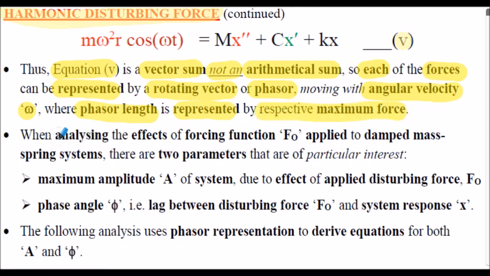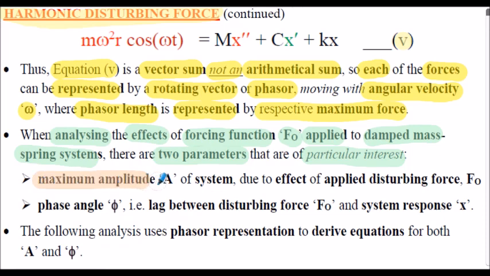When analysing the effects of the forcing function F0 that's applied to our damped mass spring system, there are two main parameters that are of particular interest. The first is the maximum amplitude A of our system due to the effect of the applied disturbing force.